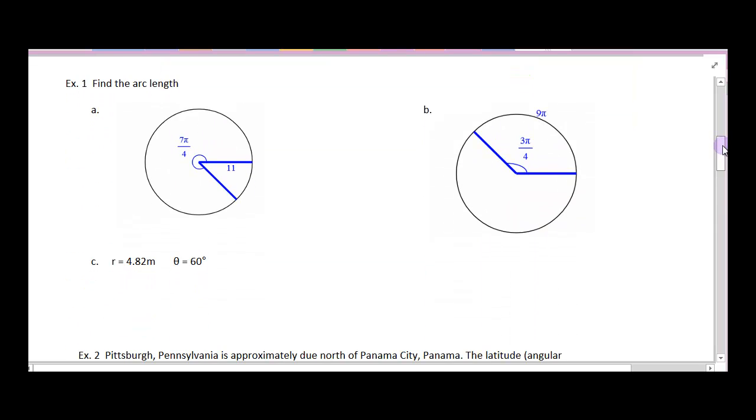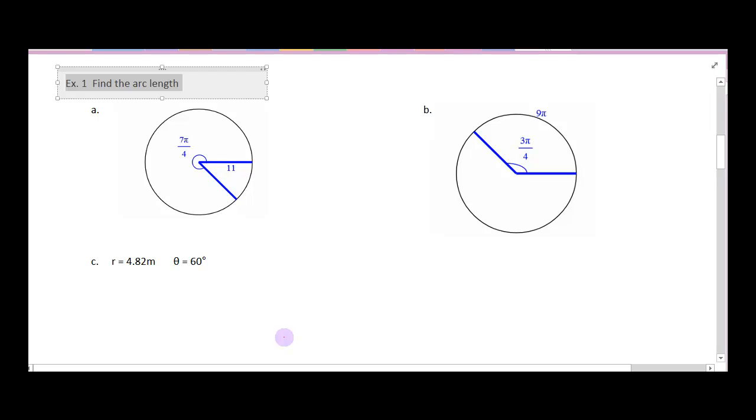So I have three examples here we want to look at to begin with. The first example gives you a picture, and we know that the formula for arc length is S equals theta times radius, where S stands for arc length. According to this picture for example A, the radius is 11, and theta is given as 7 pi over 4.